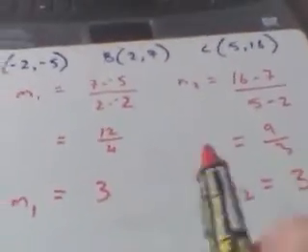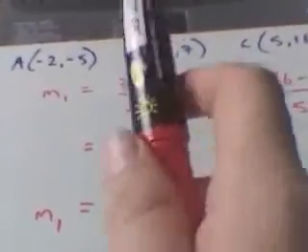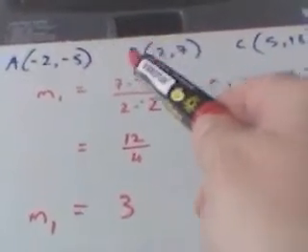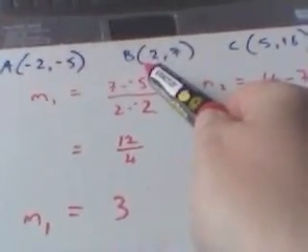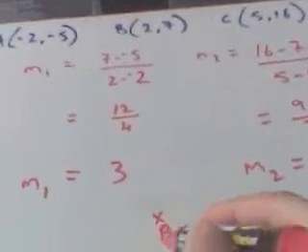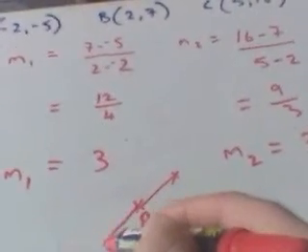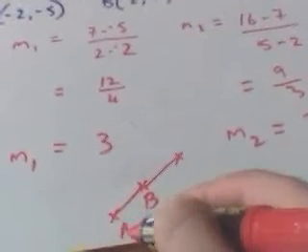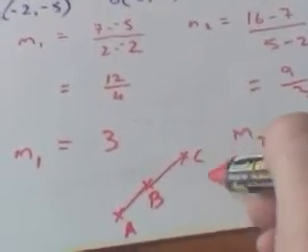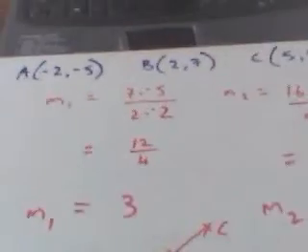So M1 and M2 are both the same gradient of 3. The first section has B on it, and the second section also has B on it, so that must mean we're at point B. The gradient from B to C and from B to A, these have the same gradients, hence the 3 points A, B and C are collinear.